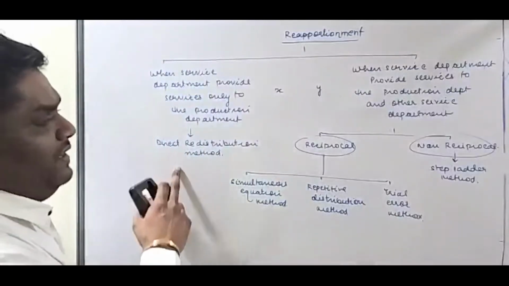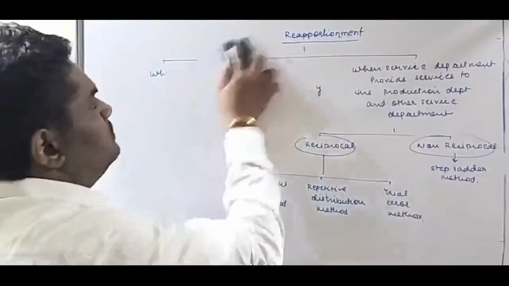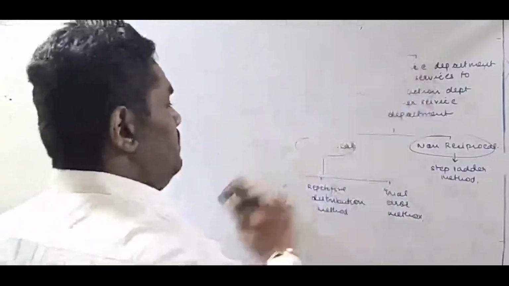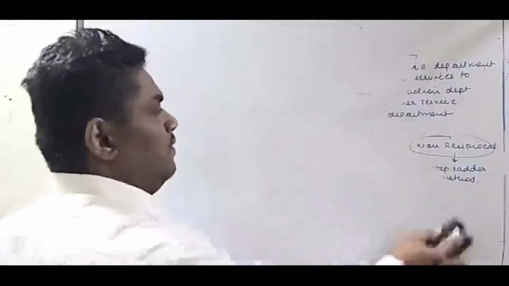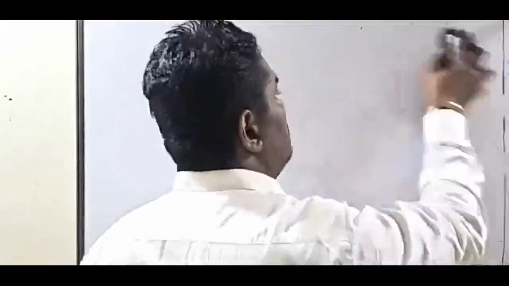So we'll be starting with these methods one by one. Let's start with the first part, when the service department provides services only to the production department. So we use this direct redistribution method.